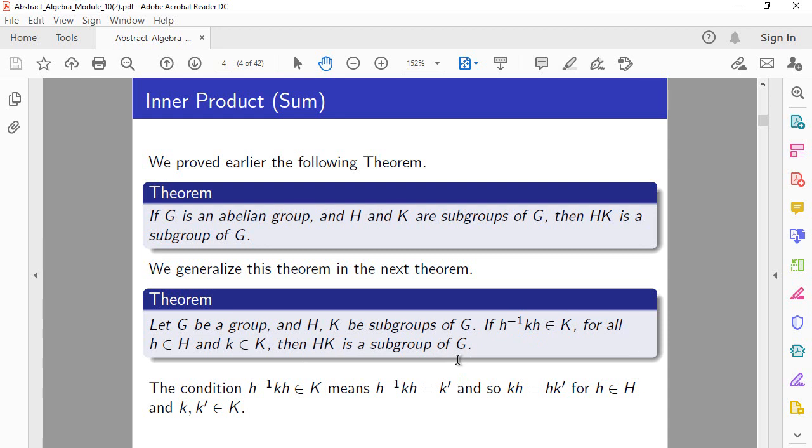So before I start the proof of this theorem, let's think about the condition here.